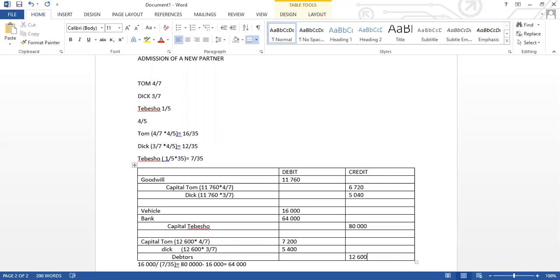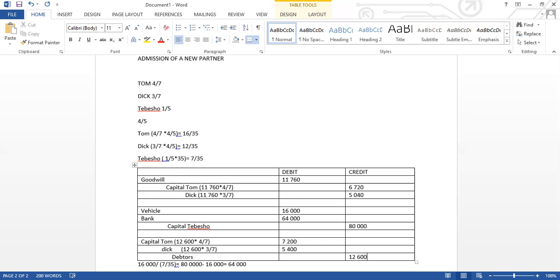Currently, during the admission of Tebesho, there are no general reserves. The general reserve of 56,000 was already distributed. It was already paid out.